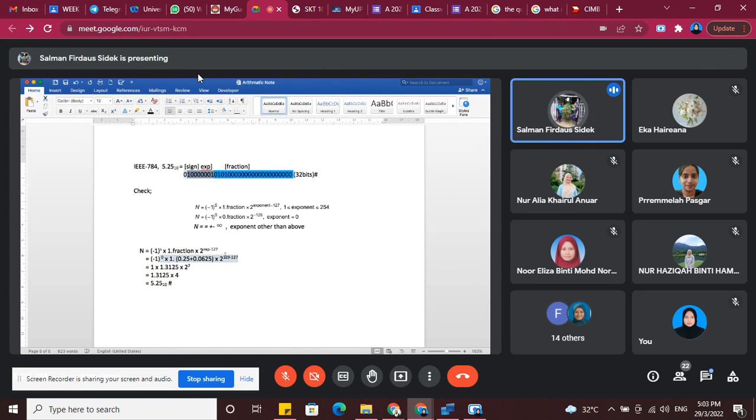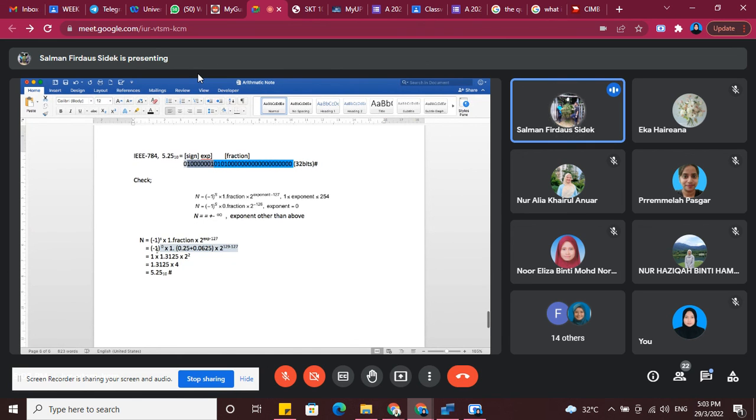The gray one is 129 minus 127. So anything that we power with 0, we get 1. Okay, and then here this one, we get 1.3125, and then times 2 and power of 2 lah. And then we do like normal, and we get back the answer, which is in decimal. So that's it. Itu saja.